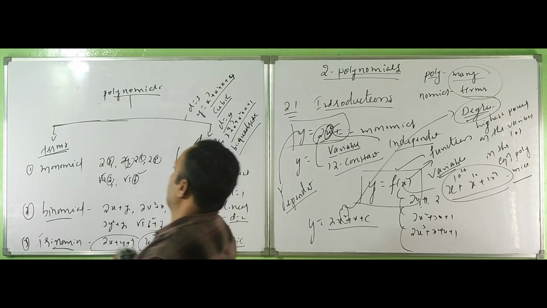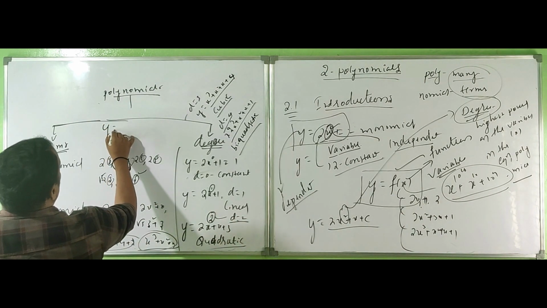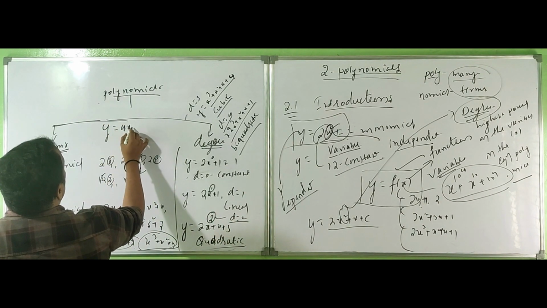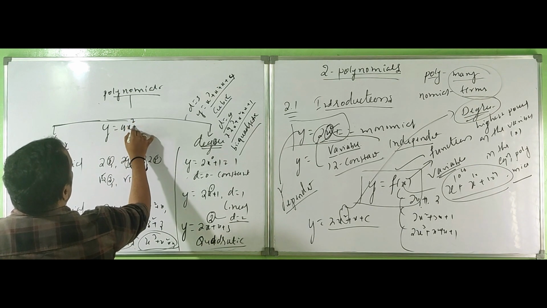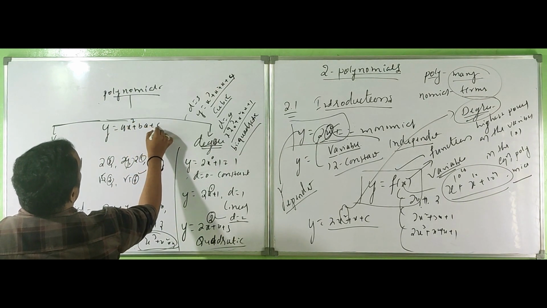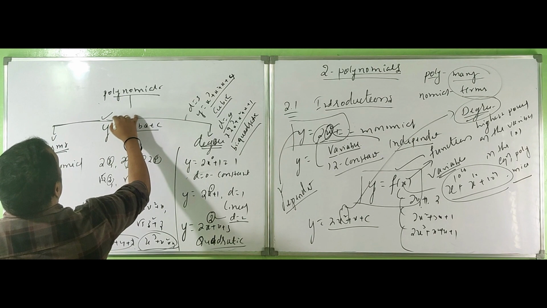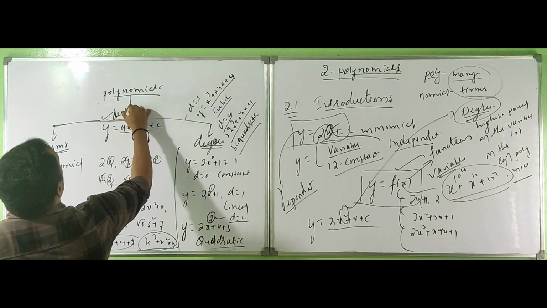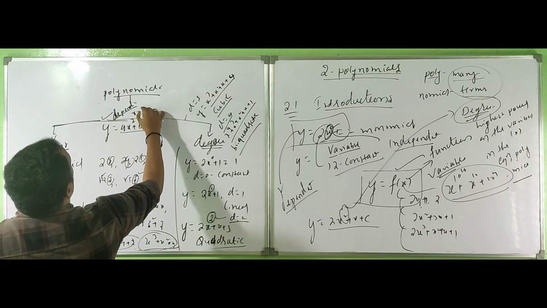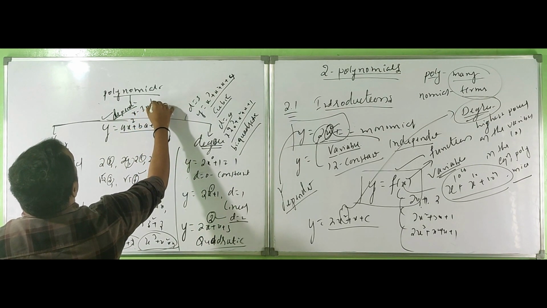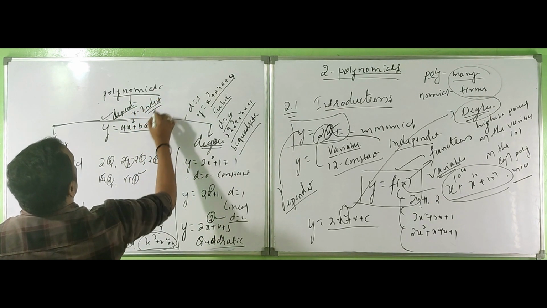Okay, very important. The y is equal to the form of ax, whatever it may be, ax plus bx plus c. Here y is called the dependent variable, and x is called the independent variable.